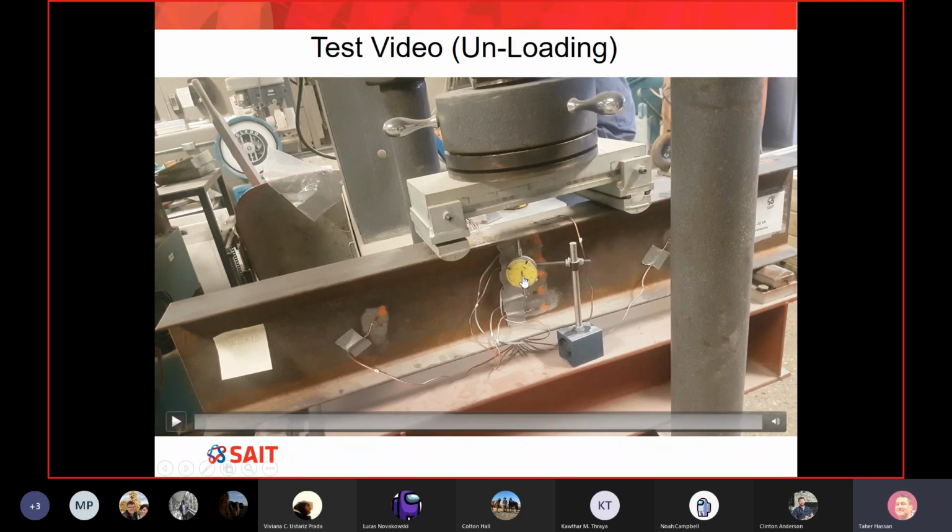Okay, so I'll show you another video where we simply remove the load. You can see we started this video from where we already have some measurement on the dial gauge, and then we started.